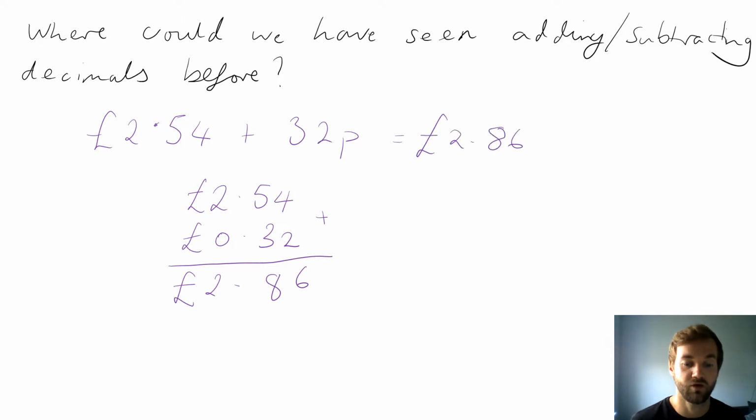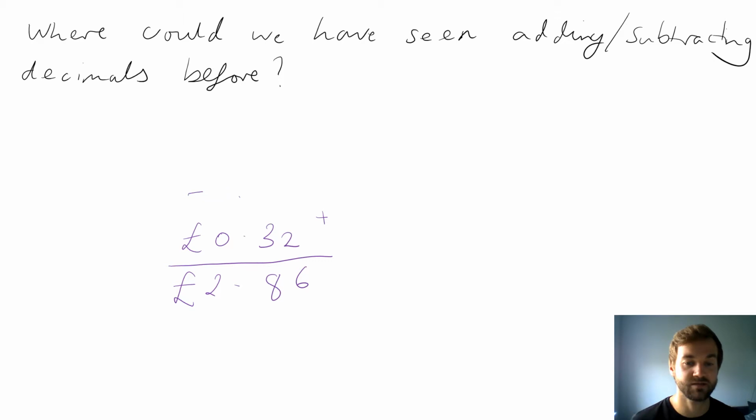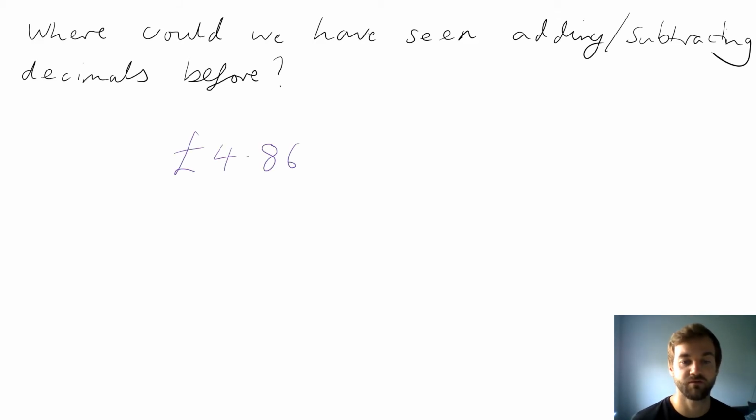Okay. Another example, if I was to rub that all out, another example could be something along the lines of, if I have some money and spend some, so for example, if I go to the shop with £4.86, and I buy some bread that costs 32 pence.